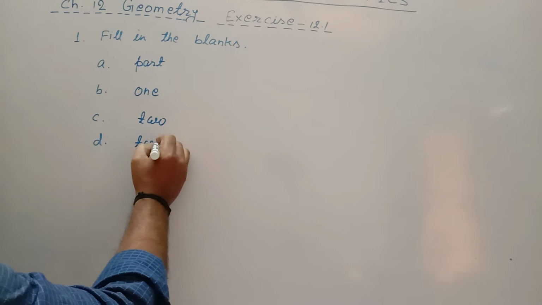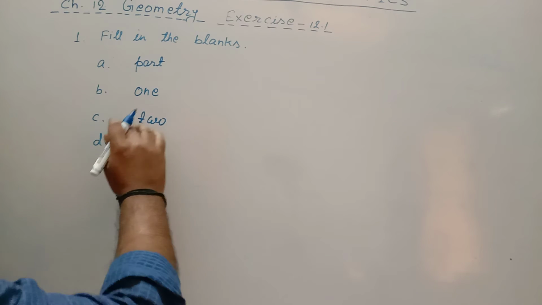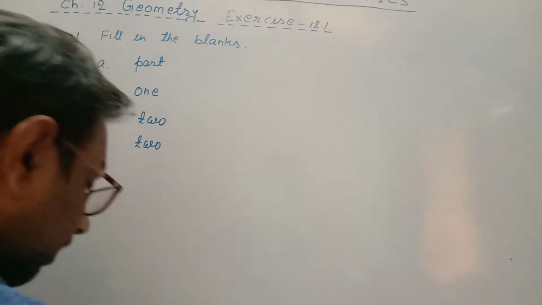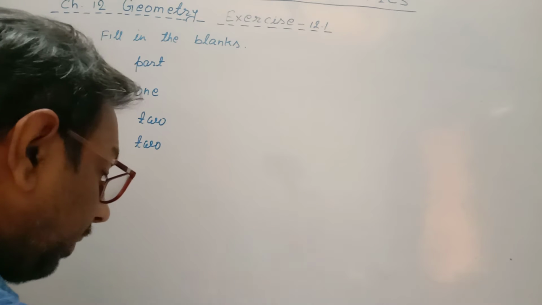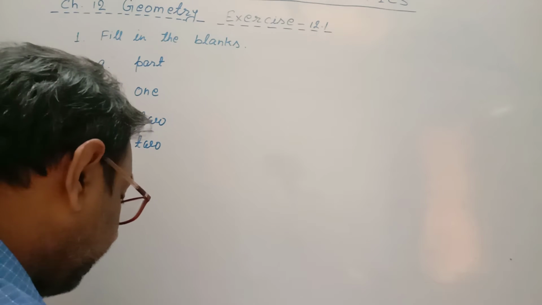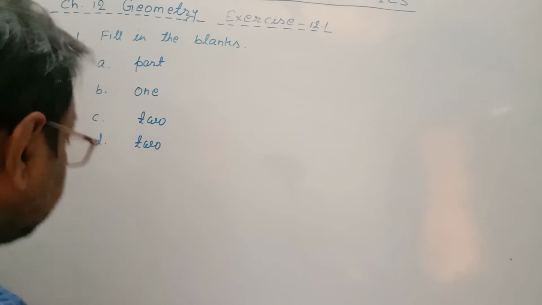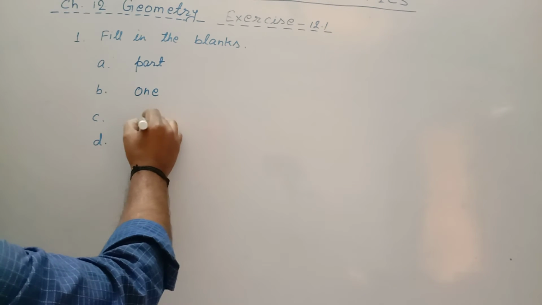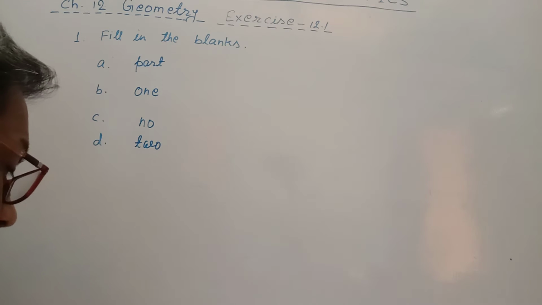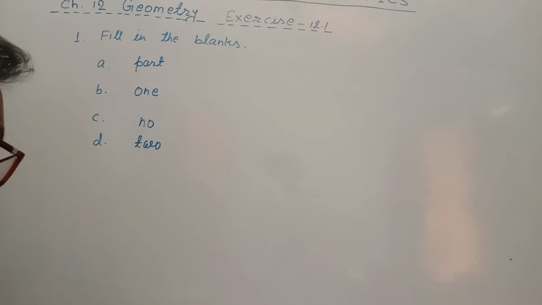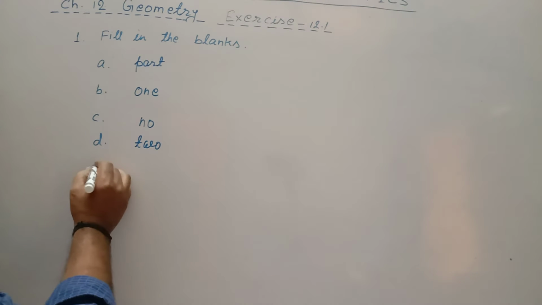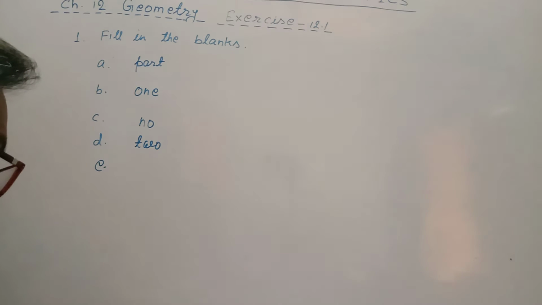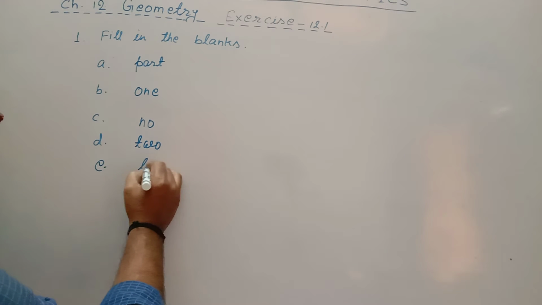And here, in question number c, the answer will be a line has no endpoints. Question number d, a line segment has two endpoints. And in question number e, a ray is a part of a line.